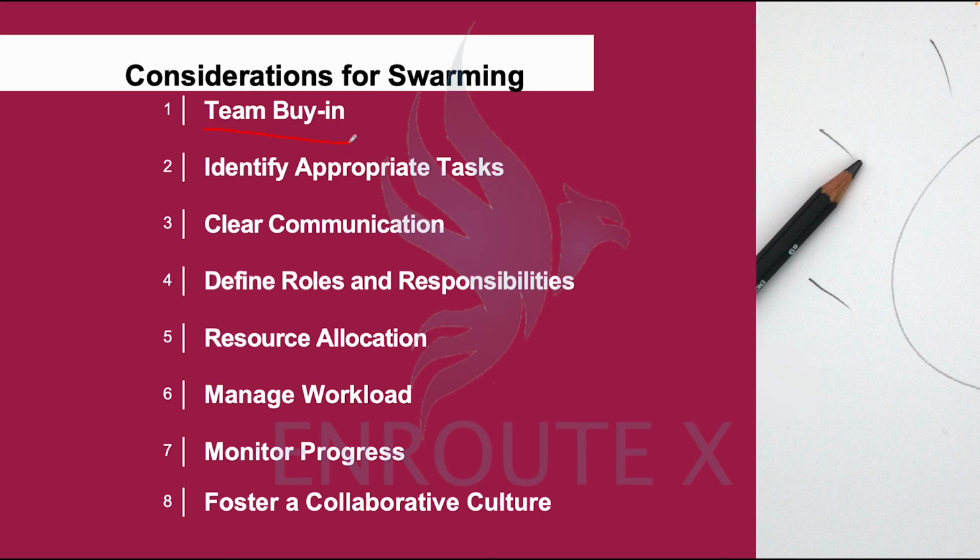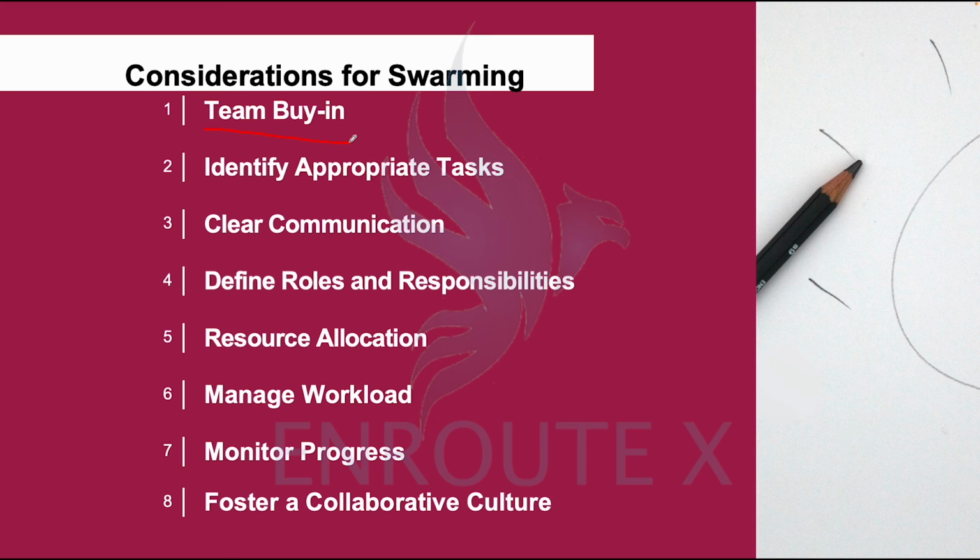So there must be team buy-in. Then also you must identify the appropriate task. It is not every task you want to swarm at. It is not every task you want to rush at. It is not every task that needs swarming.